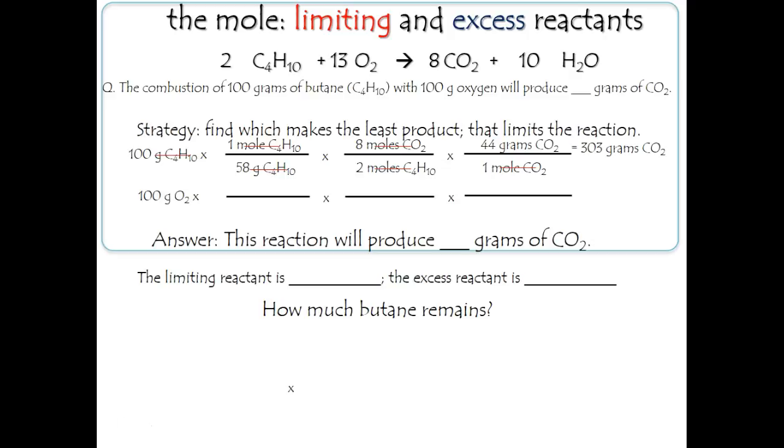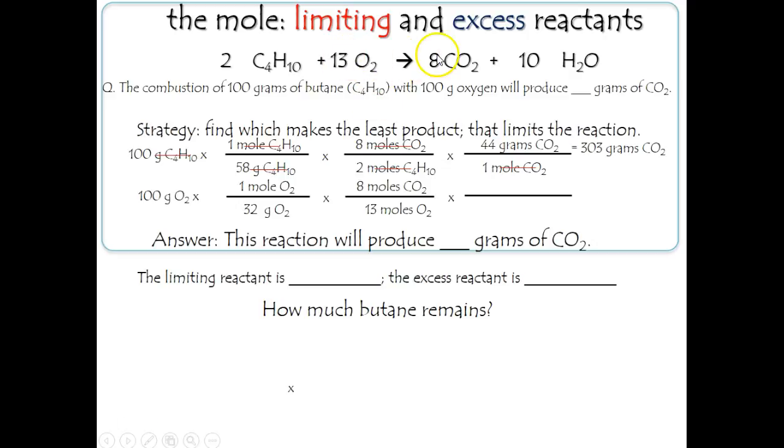But we have 100 grams of oxygen. Let's assume that we have plenty of butane and see how far that can take us. Well, 32 grams is a mole, 2 times 16, you get that from your periodic table. In this case, 13 moles of oxygen is enough to make 8 moles of carbon dioxide.